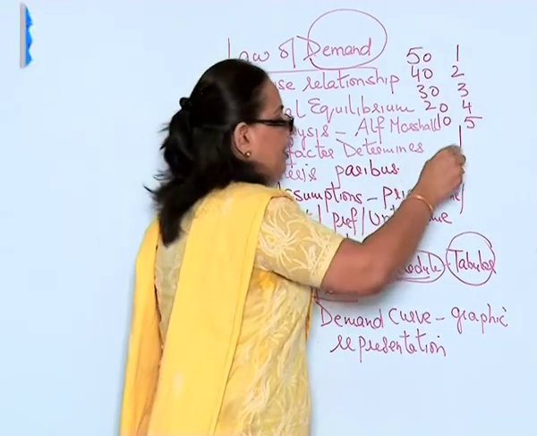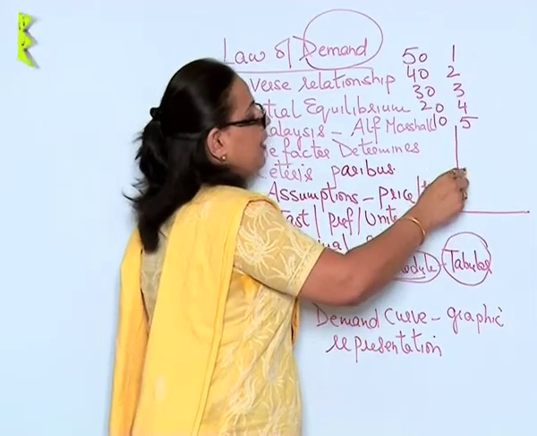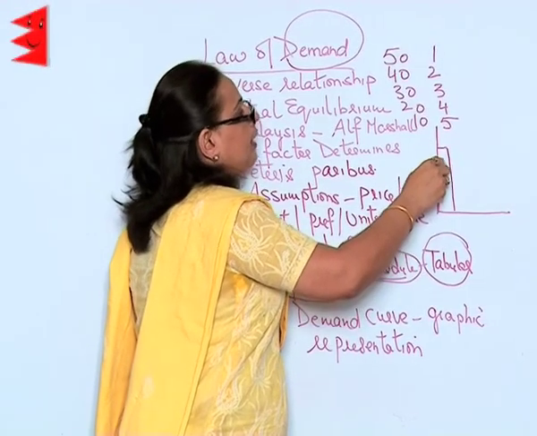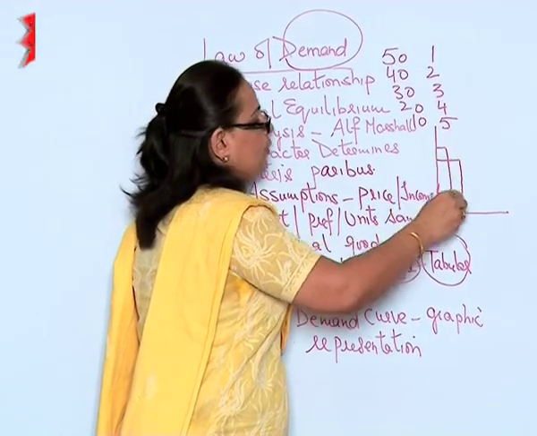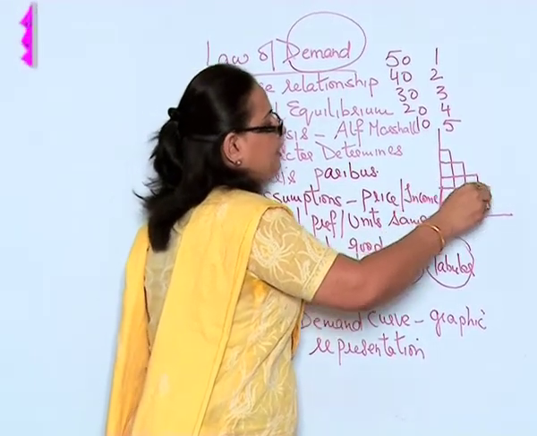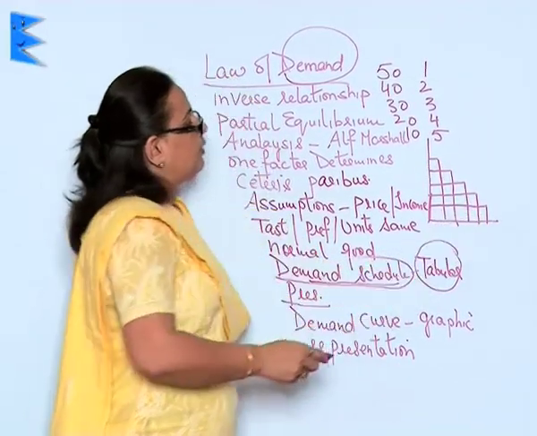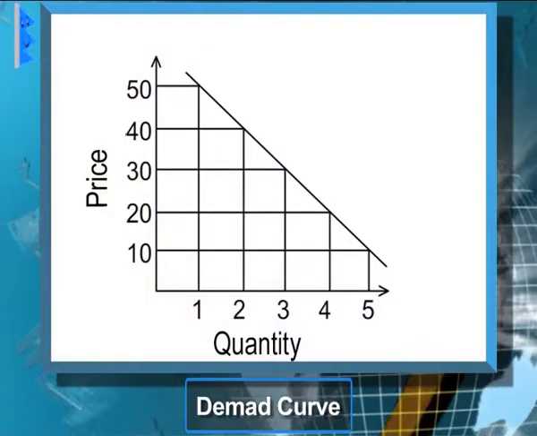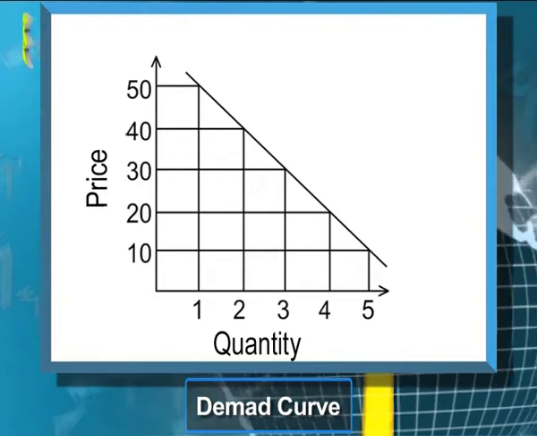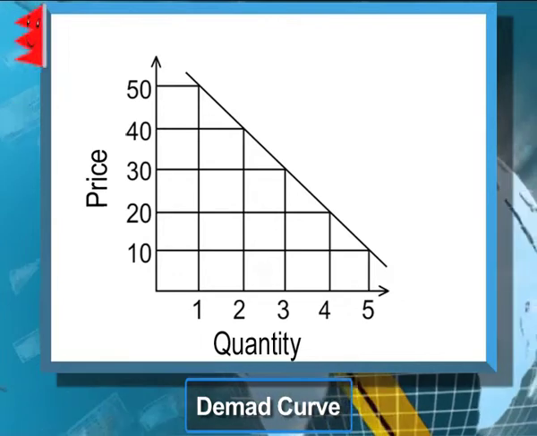For example, if I say that this is what the demand is, at 50 rupees it is 1, then at 40 it is 2, at 30 it is 3, at 20 it is 4 and at 10 it becomes 5.